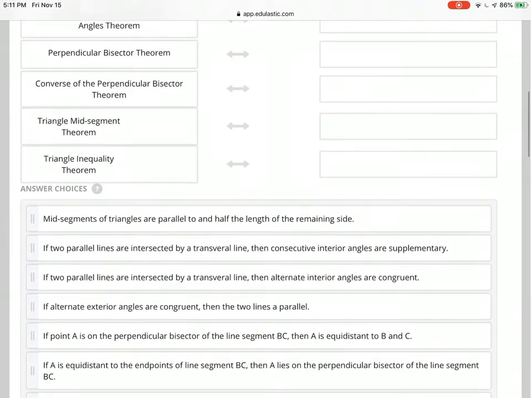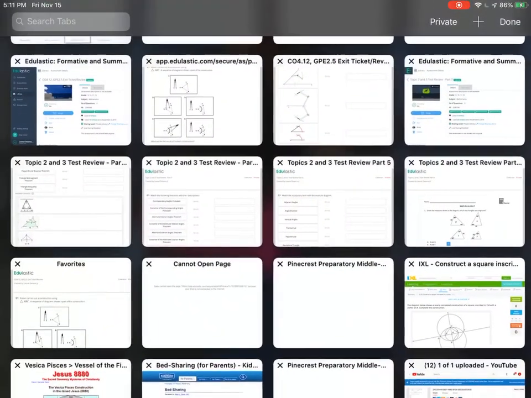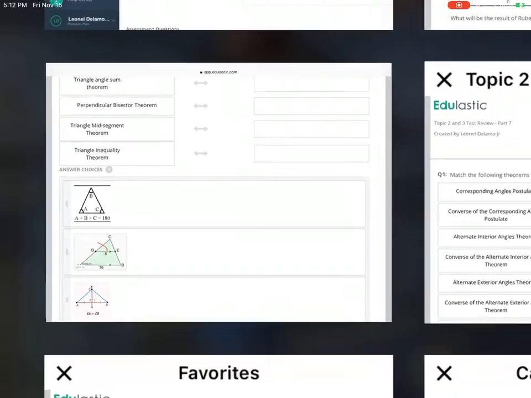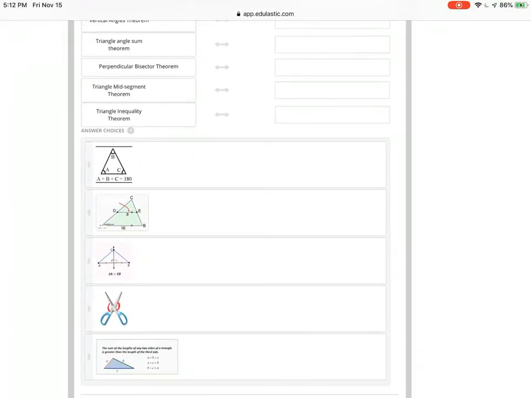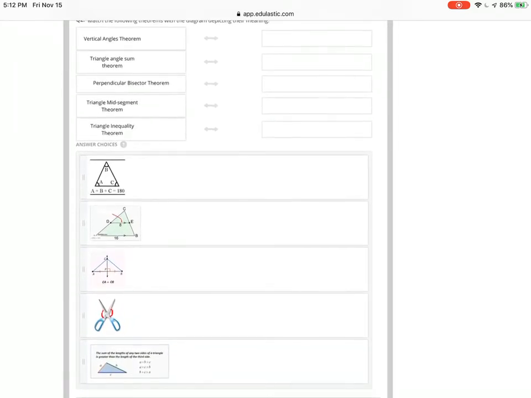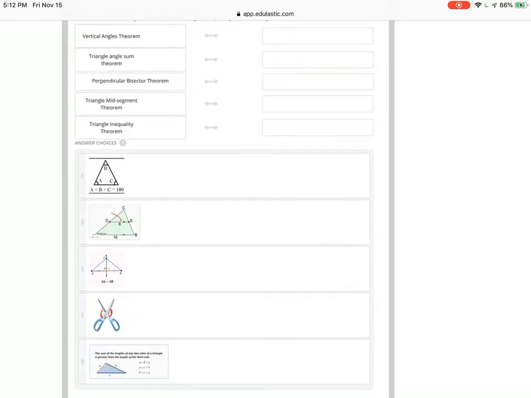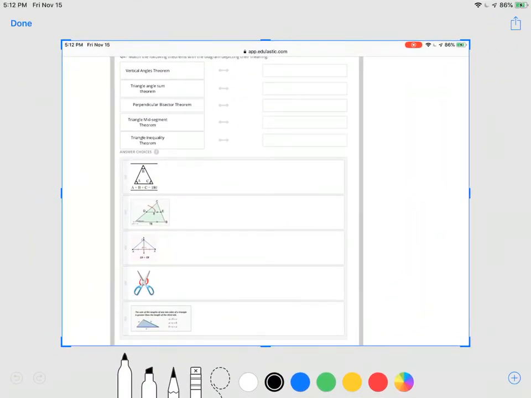Question 2, I think we can fit it right here. Okay, so I'm going to write the name next to the pictures.